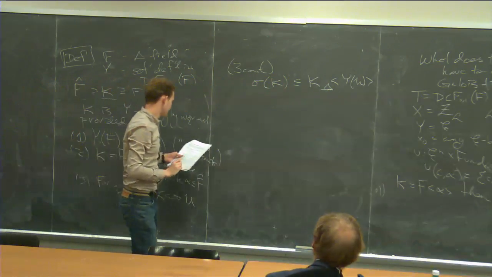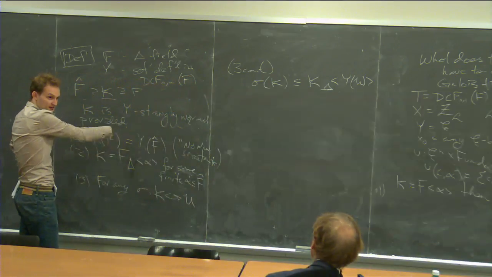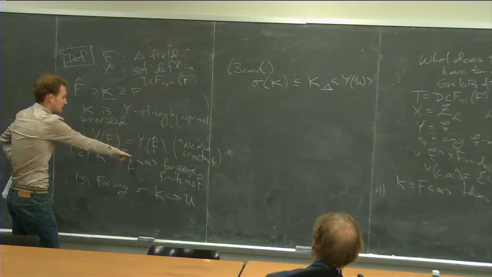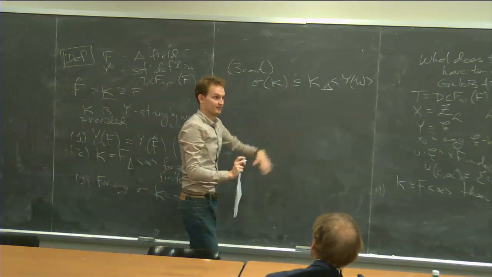All right, so we have essentially a no new constants condition, a finiteness condition, and a normality condition.